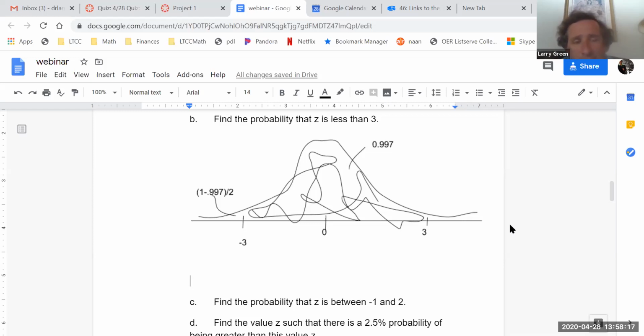And I'm going to do a little in my head. 1 minus 0.997 is 0.003. And 0.003 over 2 is 0.0015. Half of 30 is 15. And then I'm going to add 0.997. And what I get is 0.9985.